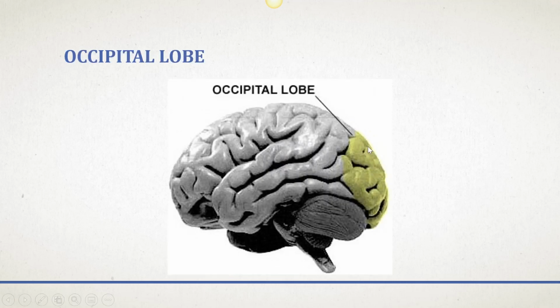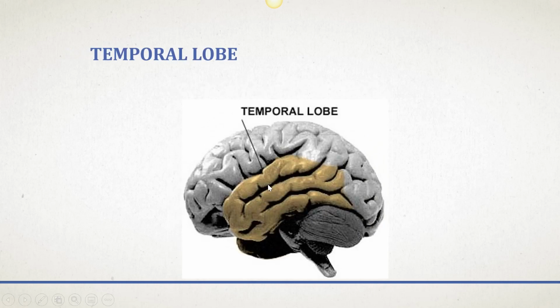The occipital lobe in the back of the brain is primarily responsible for the interpretation of vision. The temporal lobe, on the sides of the brain, and it's on the other side as well, is responsible for the interpretation of sound, what we hear, and balance.